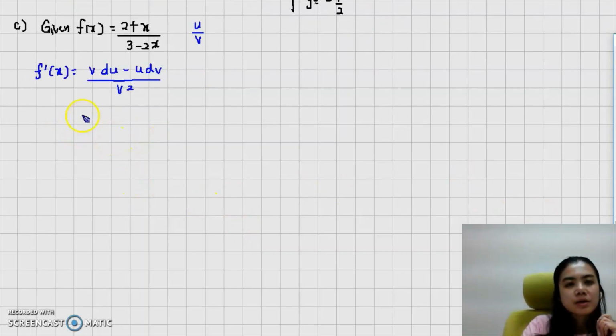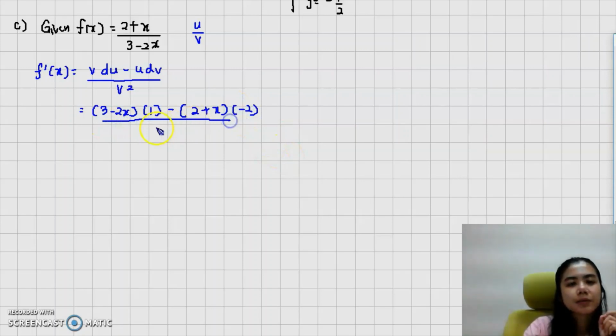So what is our v here? Our v is 3 minus 2x. Your du is 1. Minus your u, which is 2 plus x, times dv. dv is here, so we differentiate and we will have minus 2. And then we will have v squared, that is 3 minus 2x squared.